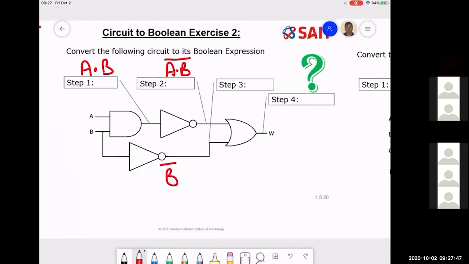It'd be A or B put together with everything else. It would be A or B. That's what you just said to me. Yes.